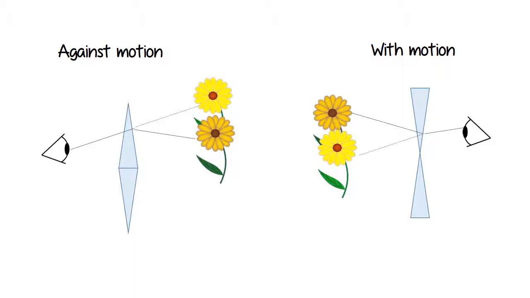The image through the convex lens was displaced upwards, and the image through the concave lens was displaced downwards. Okay, there's a term for each of these shifts. For the convex lens, the motion up is called against motion or against movement. With the concave lens, it's called with motion or with movement.